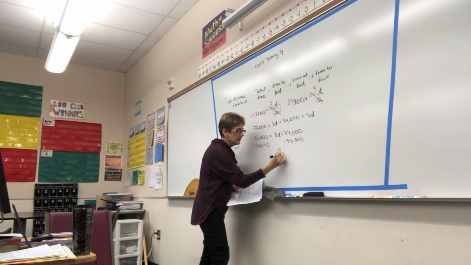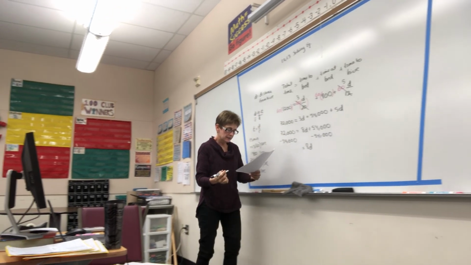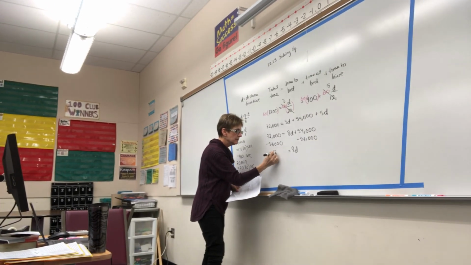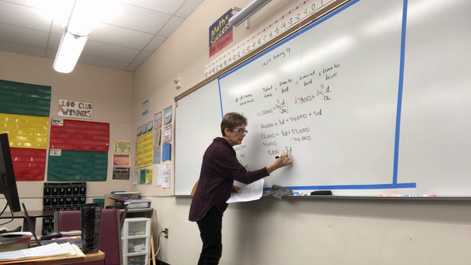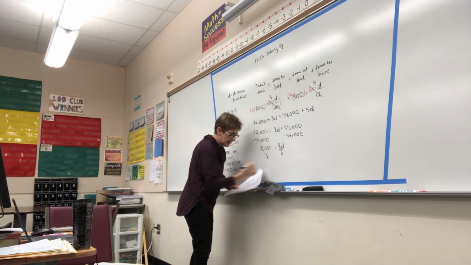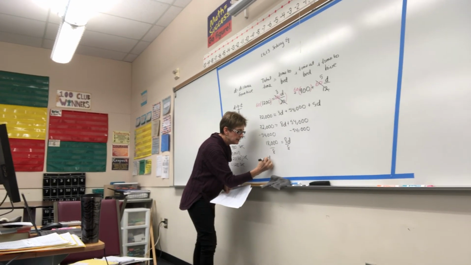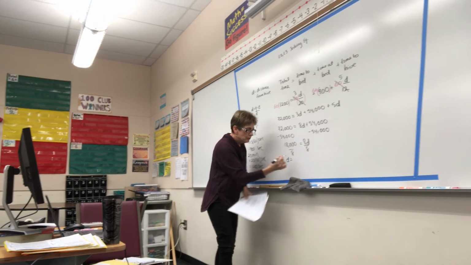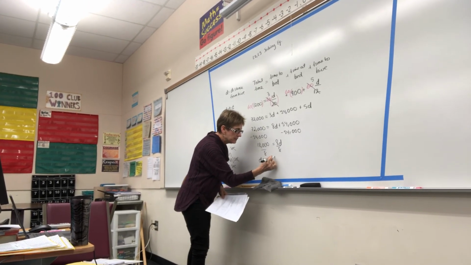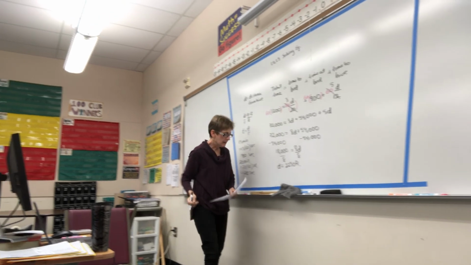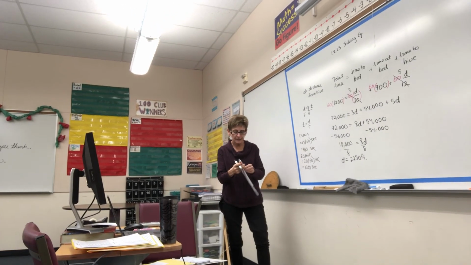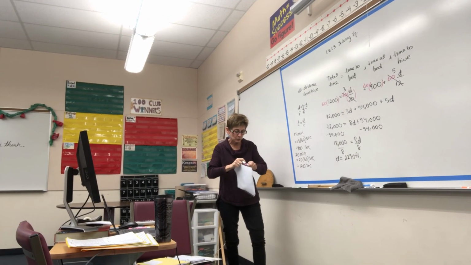And I'm going to get that 8D is equal to 18,000. And then the last step is to divide by 8. And D is going to be 2,250 feet.